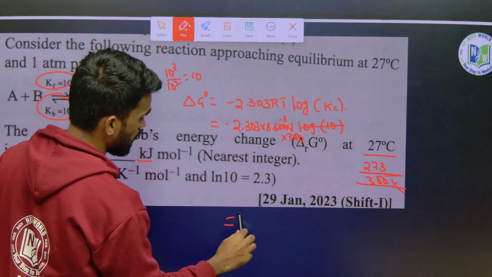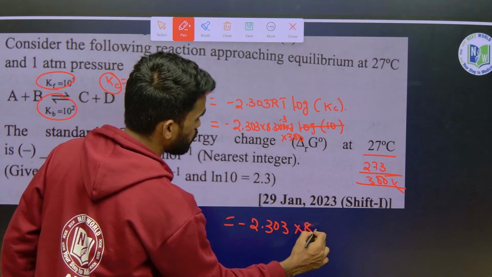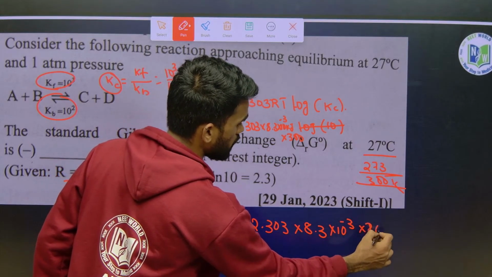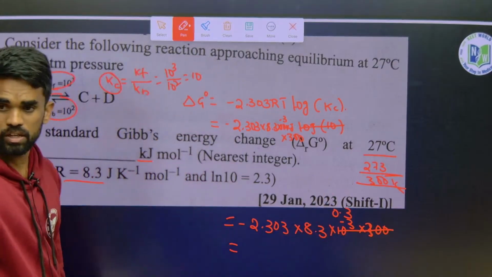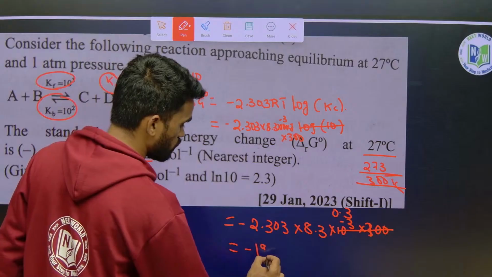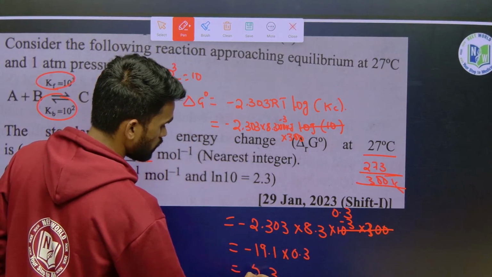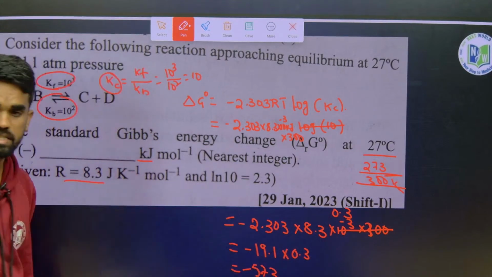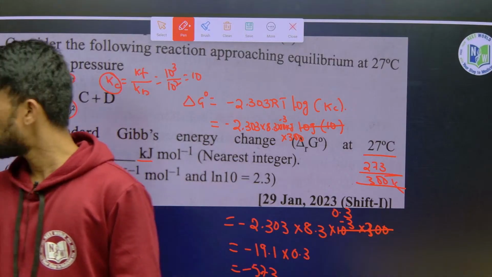So you got minus 2.303 into 8.3 into 10 power minus 3 into 300. 8.3 into 2.3 is around 19.1, into 0.3, so this will be 5.73, minus. So nearest integer 6. So that will be our answer for the question.